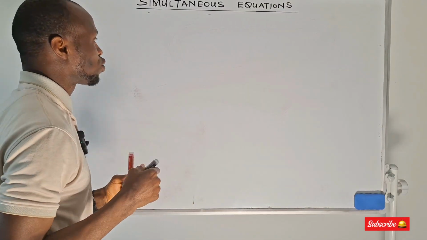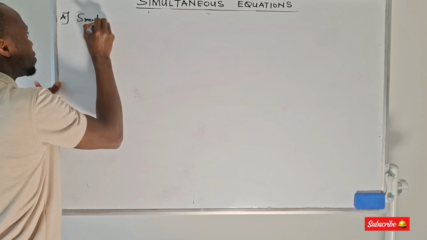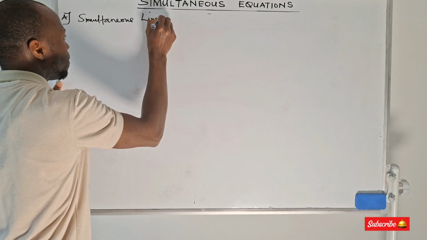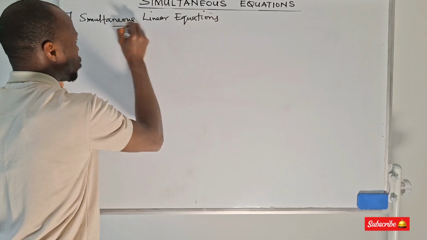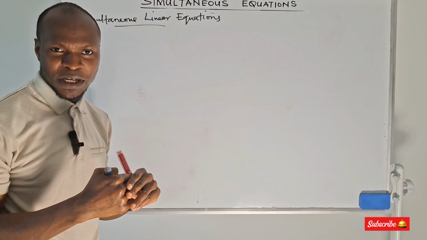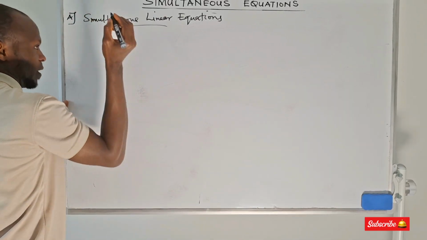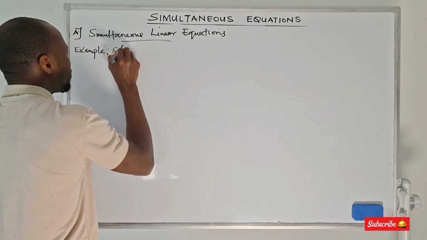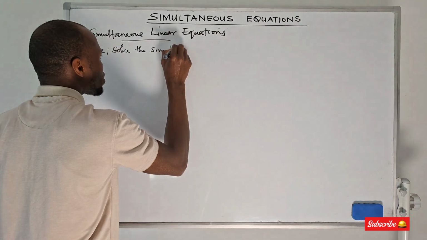Now, the first thing we want to do is look at simultaneous linear equations. And this is what we're going to do. When you have two linear equations and you want to solve them simultaneously, for example, solve the simultaneous equations.